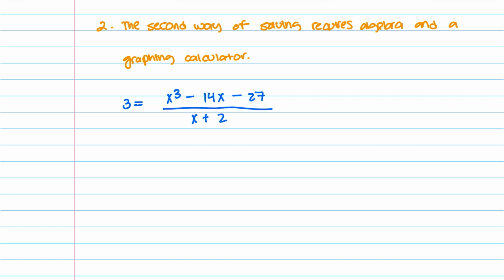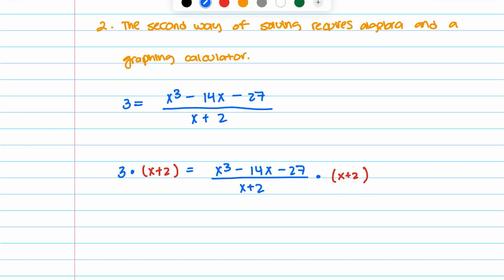By multiplying both sides by x plus 2, we'll come up with the following expression. 3 times x plus 2 is equal to x to the power of 3 minus 14x minus 27, all divided by x plus 2 times x plus 2.